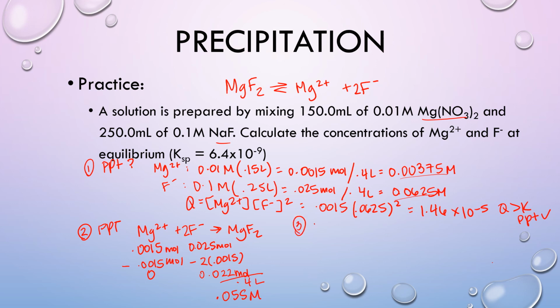So then we've got to re-establish equilibrium. So again, this is almost like there being a common ion. We didn't have any magnesium left. We had 0.055 molar fluorine.